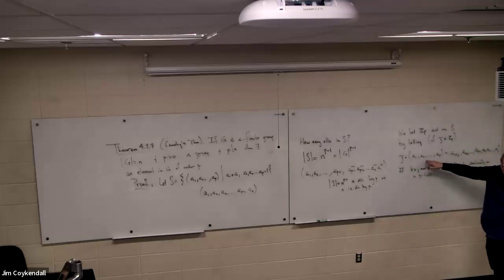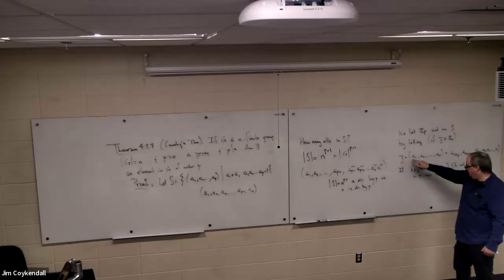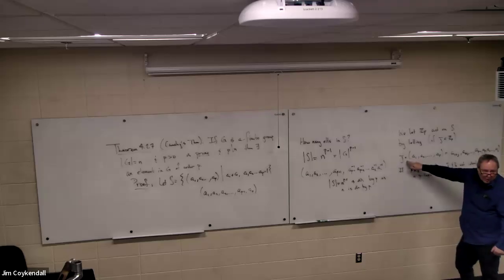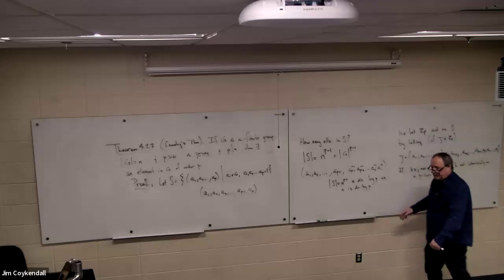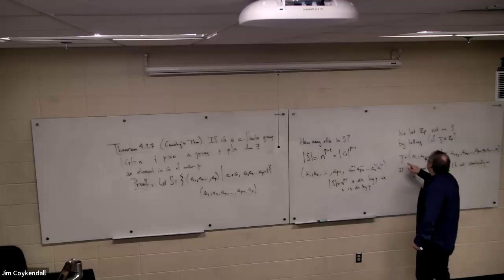Right? Because these are exactly P long. So in other words, 0 bar doesn't shift this at all. P bar shifts this P places, which is the same as not shifting it at all. Everybody okay with me? So this is a well-defined action. It's easy to see that, right?